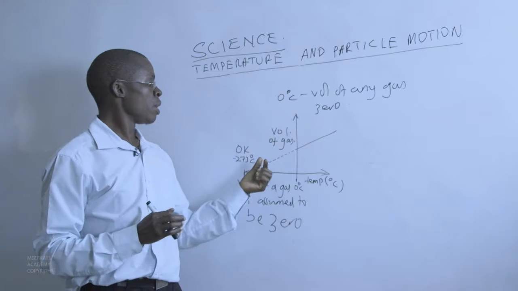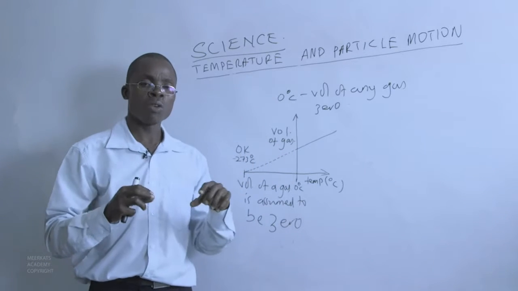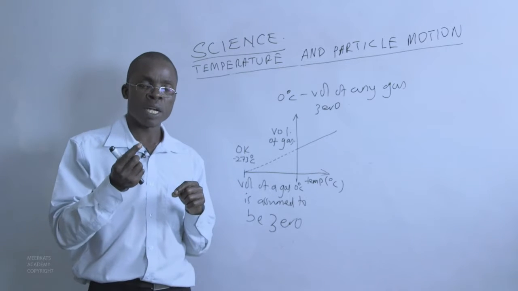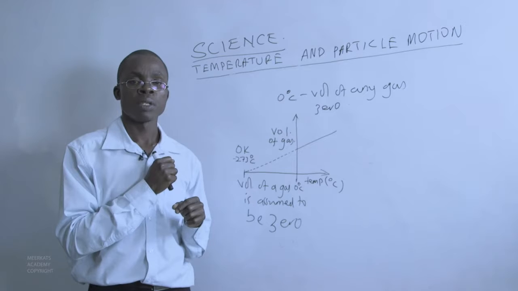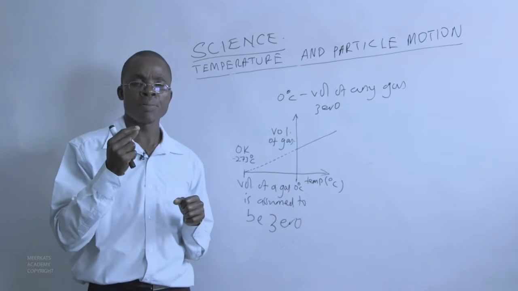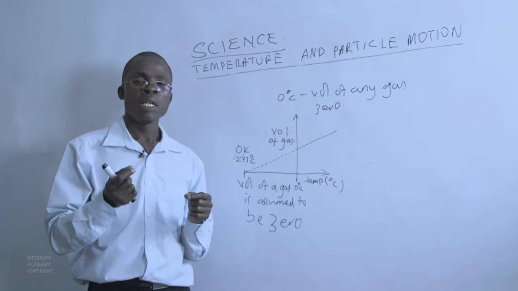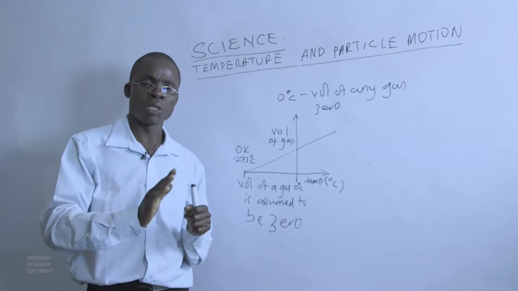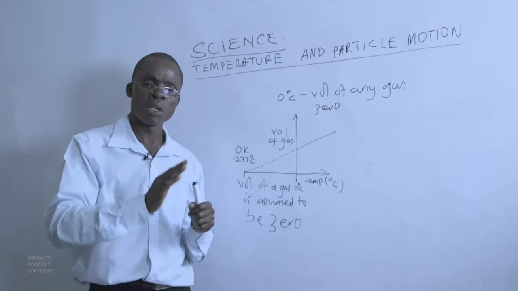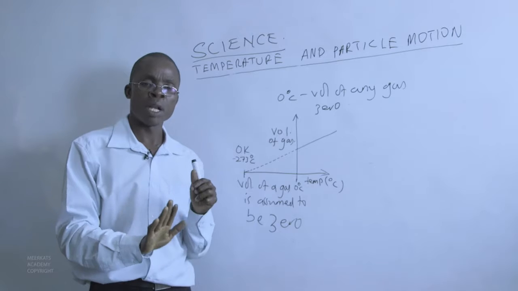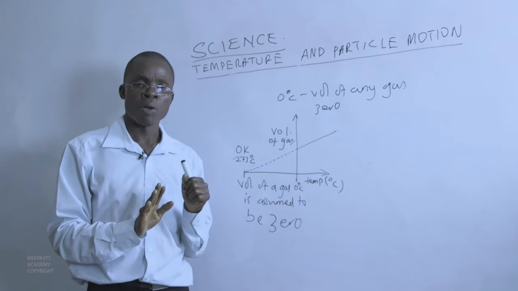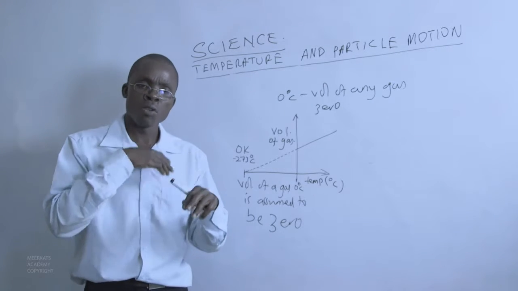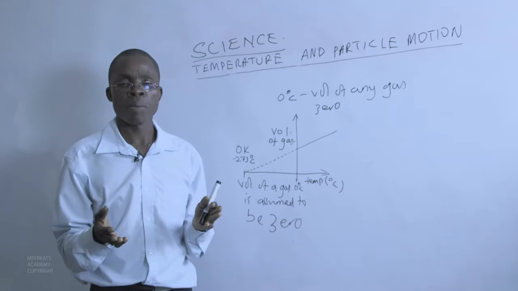Because as you reduce the amount of heat energy in a particle, you reduce the kinetic energy in the particle. And as you reduce the kinetic energy, you reduce its speed of movement. And as you continue reducing, the speed continues reducing. It's like you are applying brakes to a moving vehicle. The more you apply the brakes, the lesser the movement. And if you continue doing so, it will reach a time where it will stop.